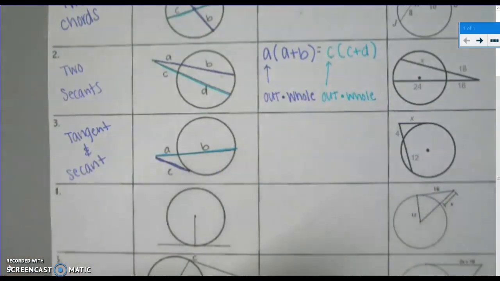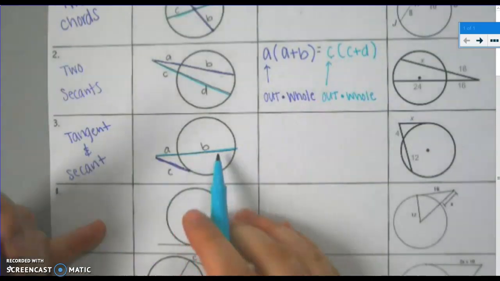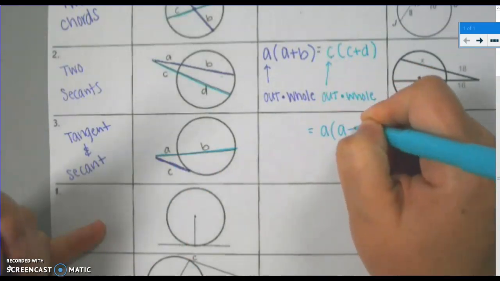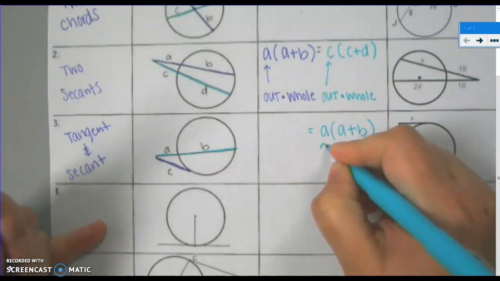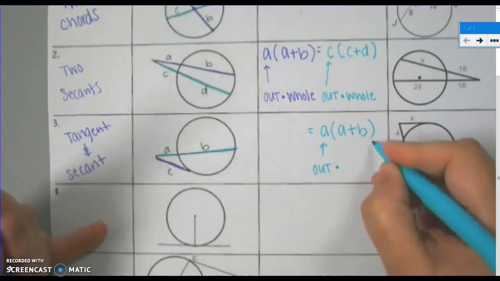So I'm going to have something similar to the previous equation for my secant piece. It's still going to be A times A plus B. That's the outside piece times A plus B is the whole thing.